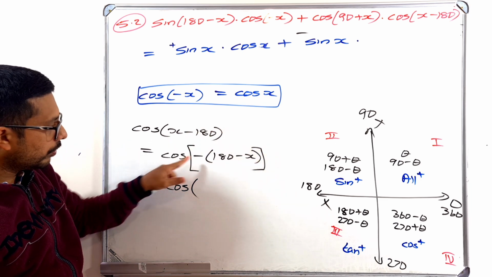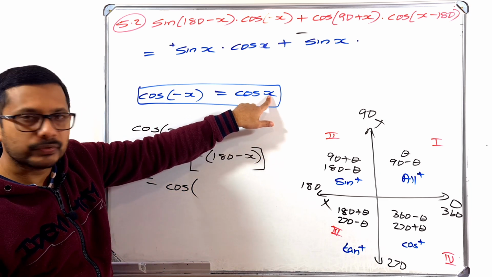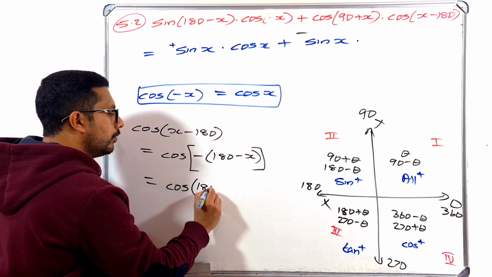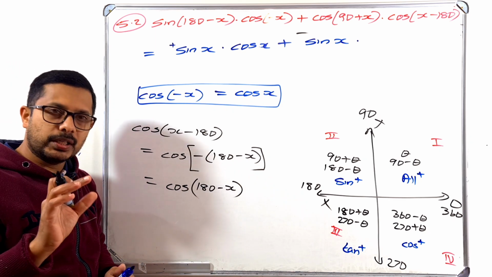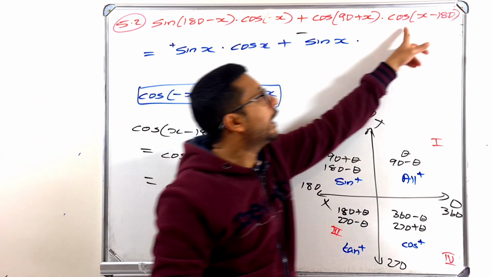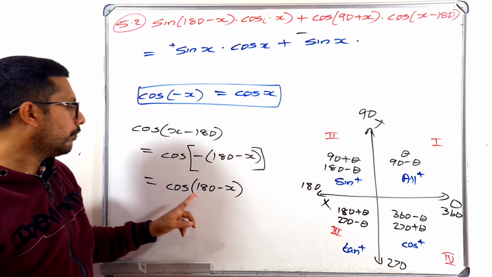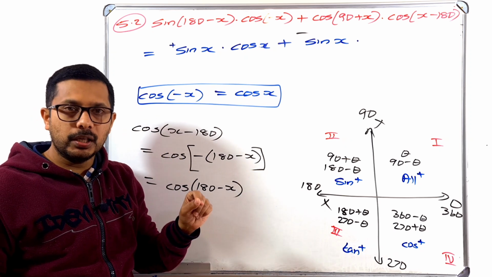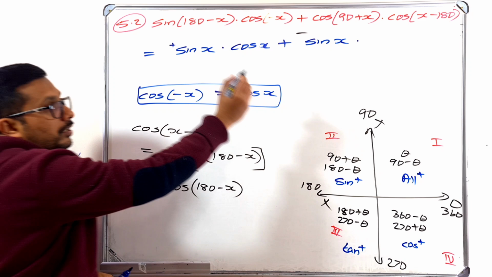Cos of minus of an angle. So how can you write cos of that angle? It is cos of that angle, that is 180 minus x. Try to understand it like this: cos of x minus 180 is the same as cos of 180 minus x, only in the case of cos.